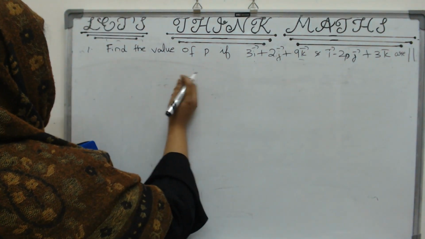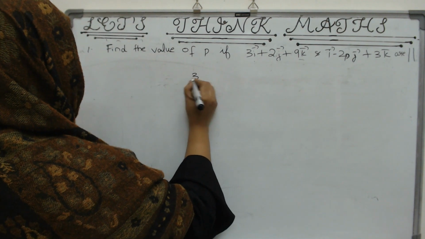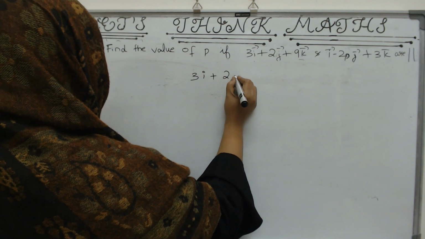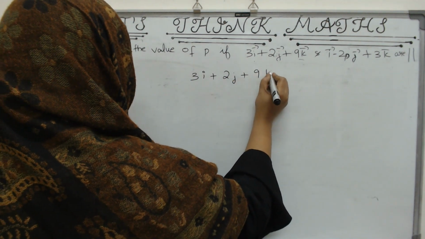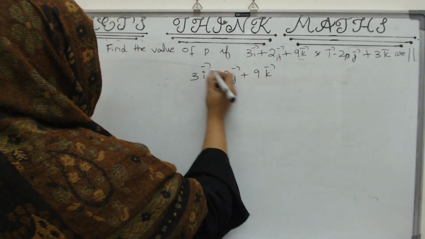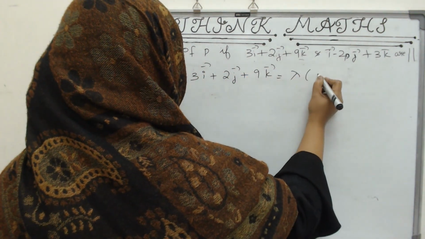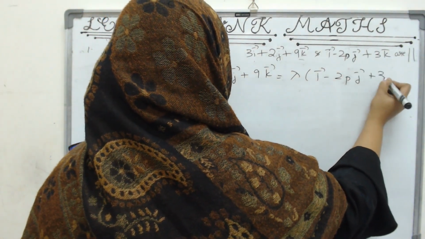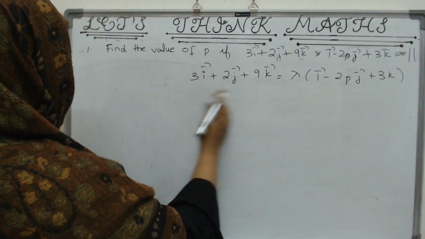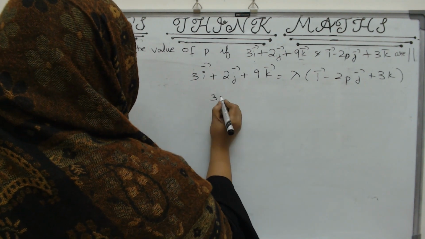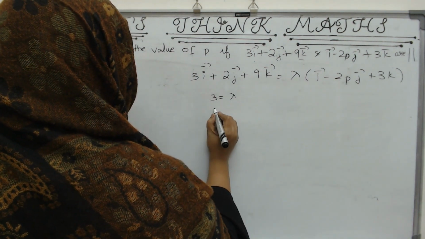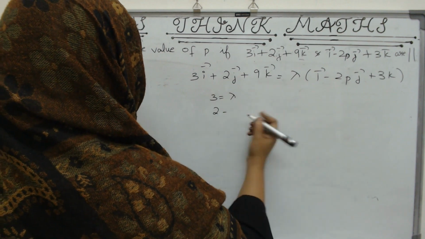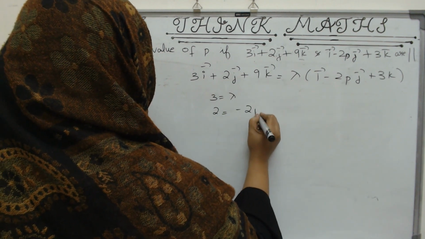What is the next question? We have two parallel vectors. That means we can find some lambda such that this is equal to lambda times (i minus 2pj plus 3k). Equating your i, what do you get? 3 is equal to lambda. Equating your j's, you get minus 2p lambda.